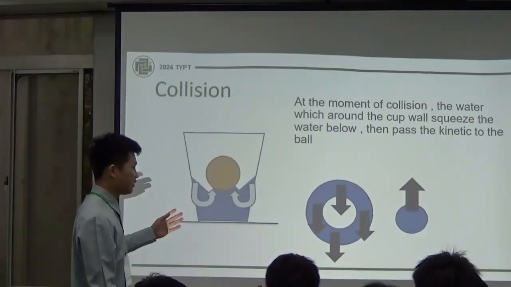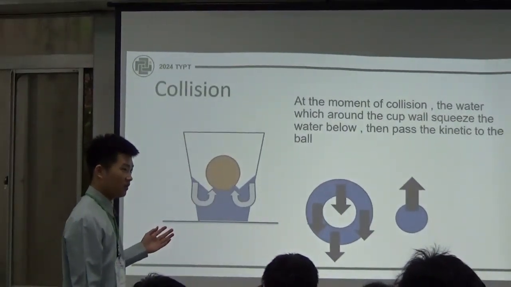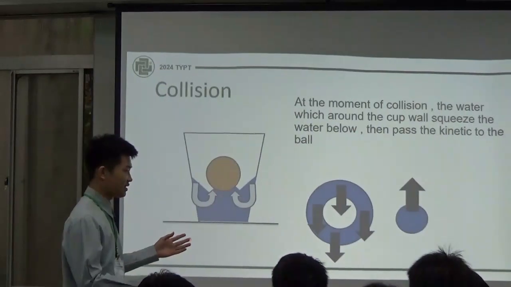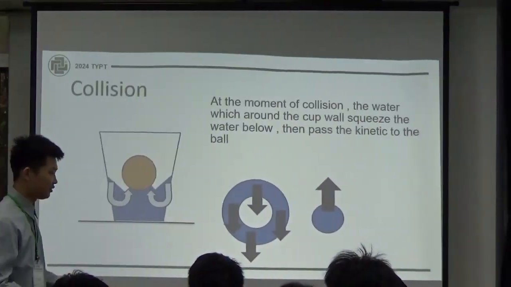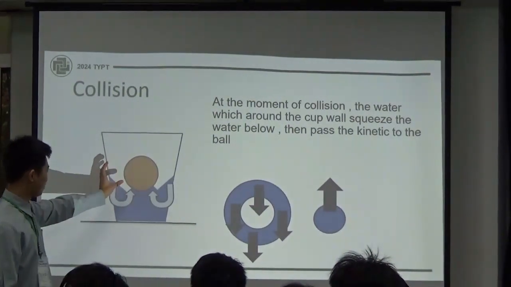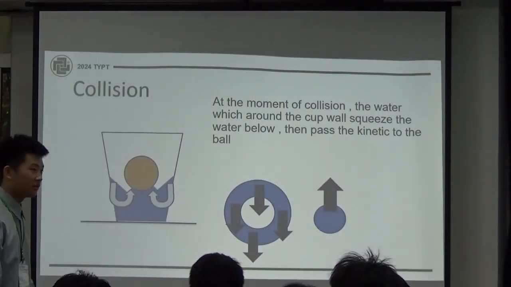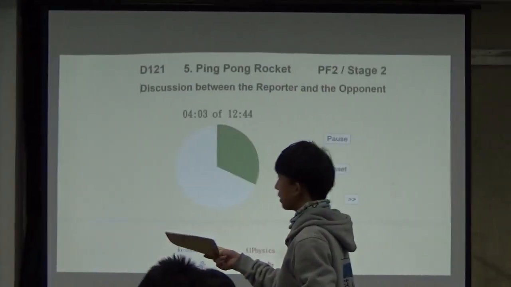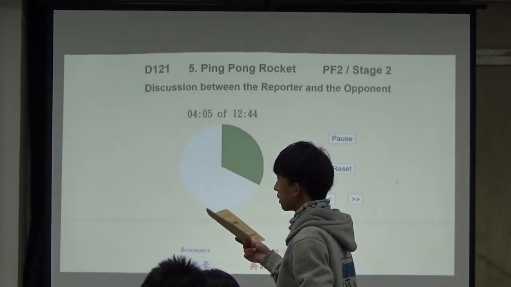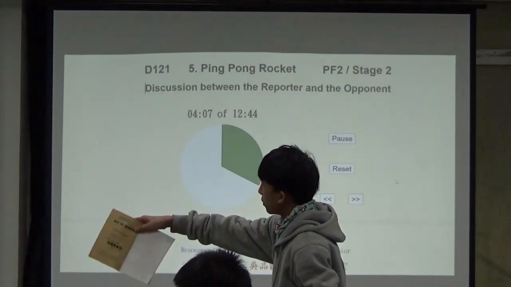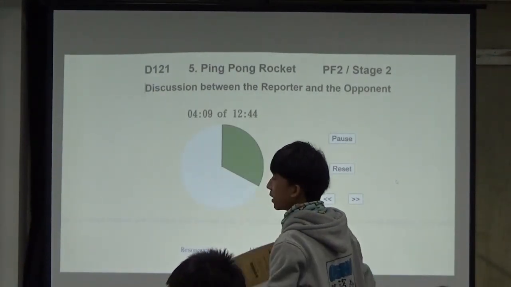So you think the ball will not fly straight? It will fly, but the ping pong ball will not go as high as here. Why not as high? Because the water does not push right on the ball.